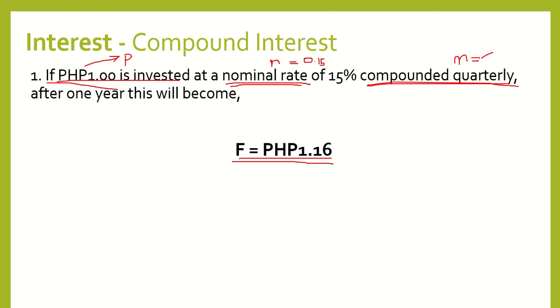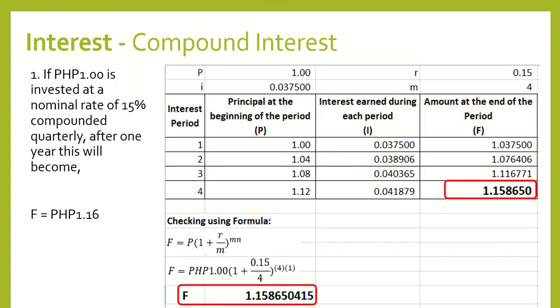In 1 year, the number of times the interest will be placed is 4. Now we can use our equation, but I will show you both using the equation and using the previous table, just to simulate what happens when we place compounding.